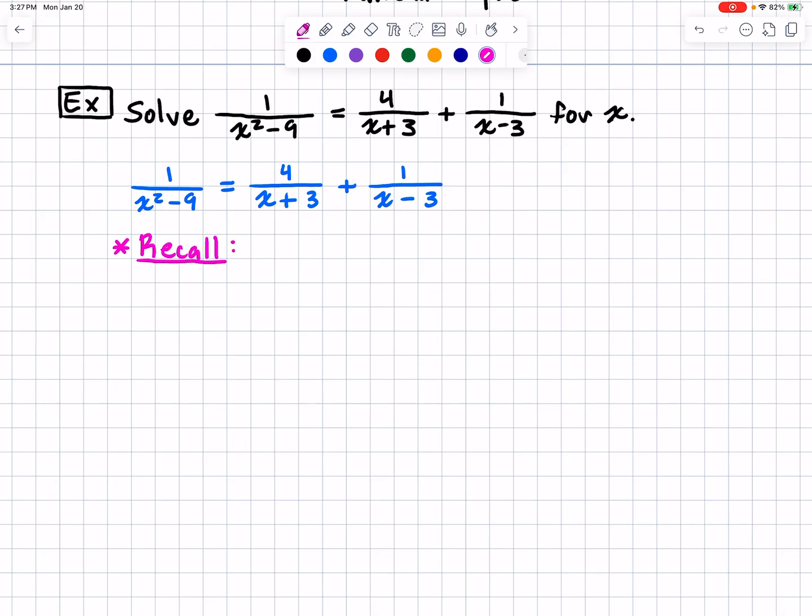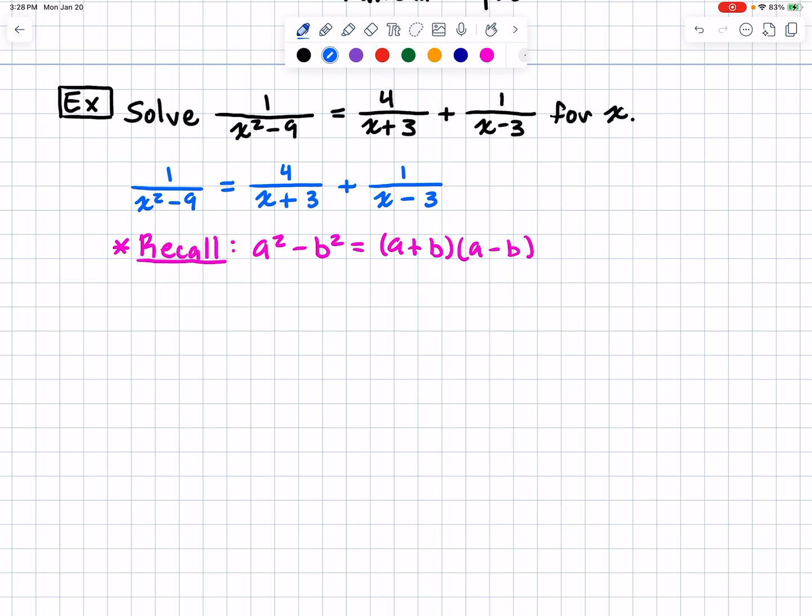So recall that a squared minus b squared equals a plus b times a minus b. So our a in this circumstance is x, and our b is 3, because 9 is 3 squared. Here, maybe I'll even write it down.